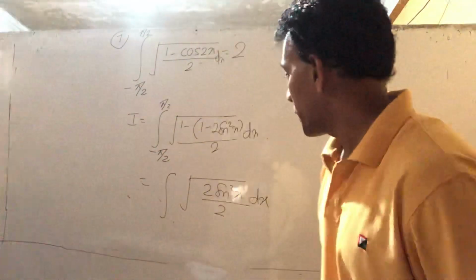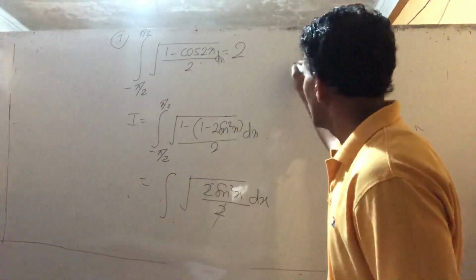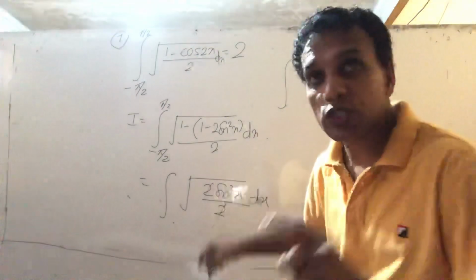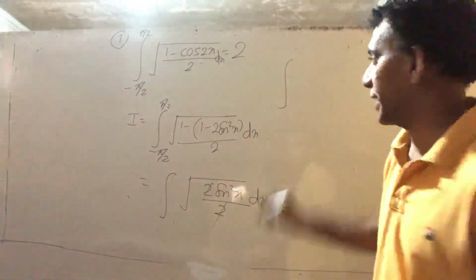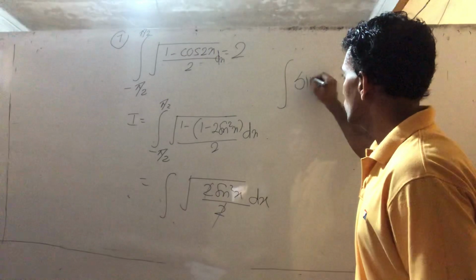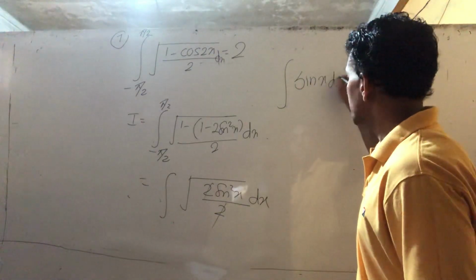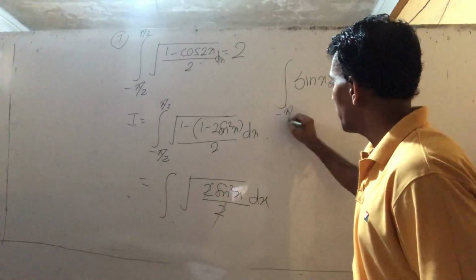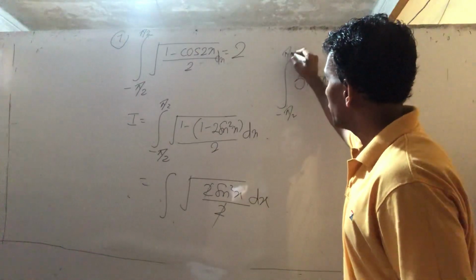Okay, so what happened? 2 cancels, square root of sine square is sine x, dx, from minus pi by 2 to plus pi by 2.